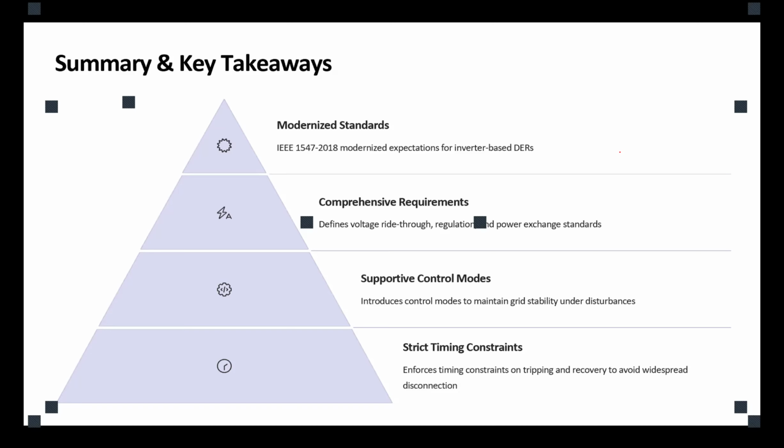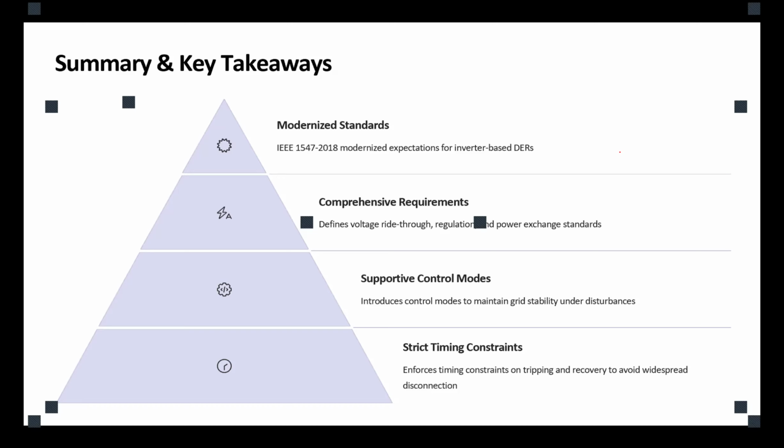And this is not just voltage, reactive power and power factor regulation. There is a timing factor too. So we saw in the graphs that it's not just tolerating a 20% voltage sag. We are tolerating that for a certain amount of time. After that time, we don't have to tolerate that. We could trip. Are we good?